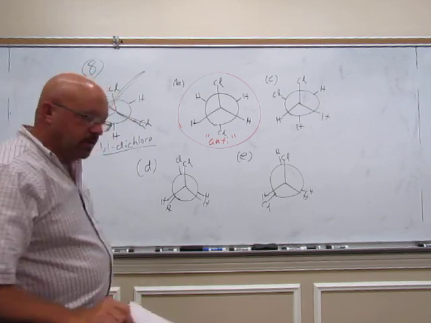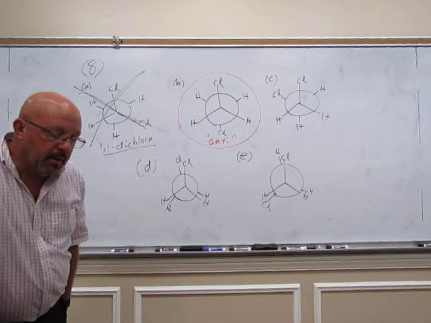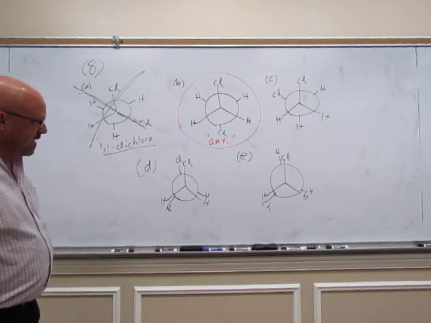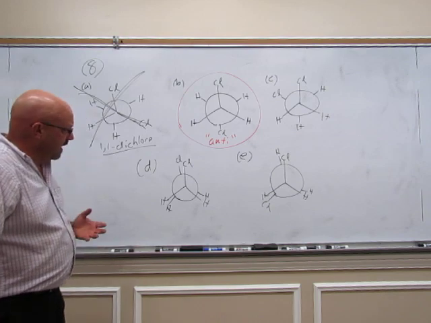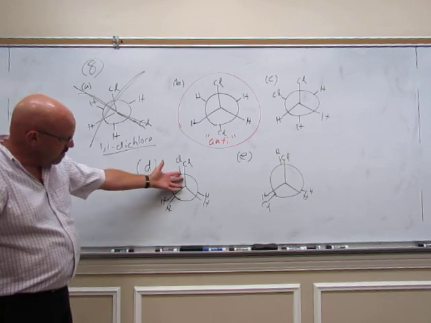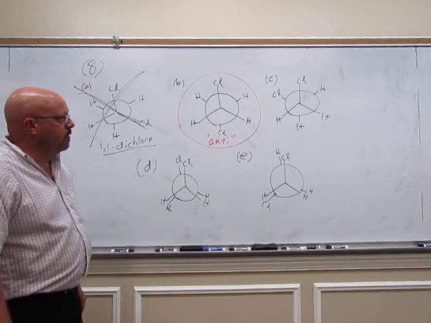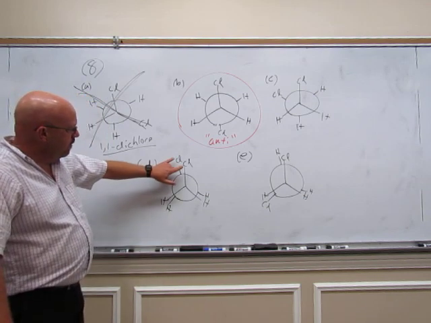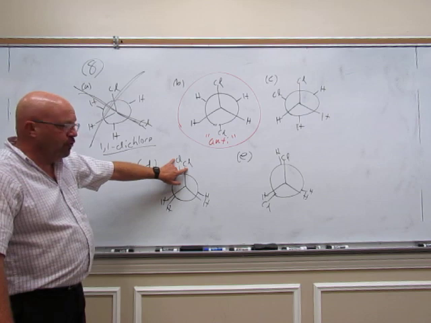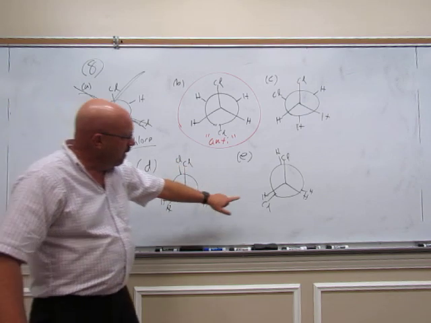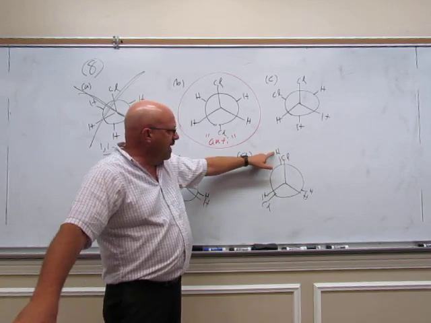Second part of the question said place a square around the least stable. Well, the least stable is an eclipsed conformation. This one's eclipsed and that one's eclipsed. So it's one of those two. Here we have the big, large chlorines eclipsed. They're on top of each other here. Here is a chlorine on top of a little bitty hydrogen.